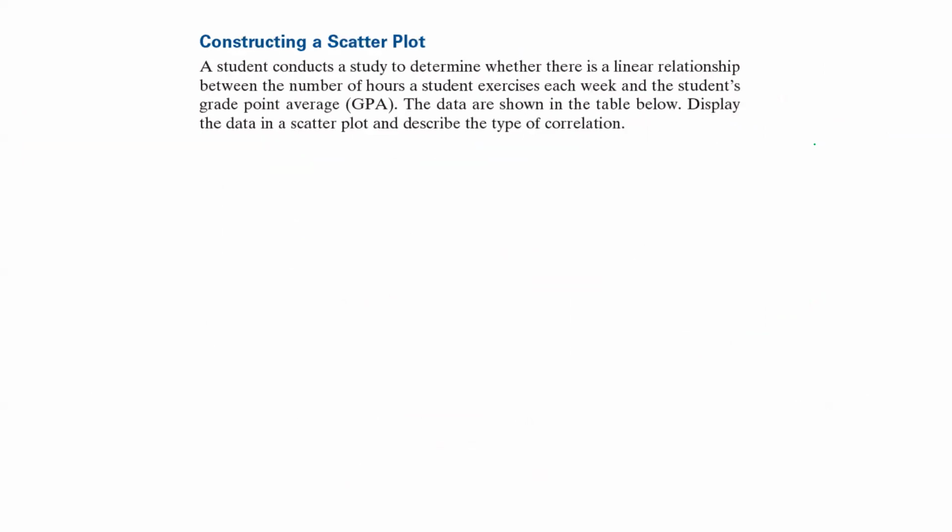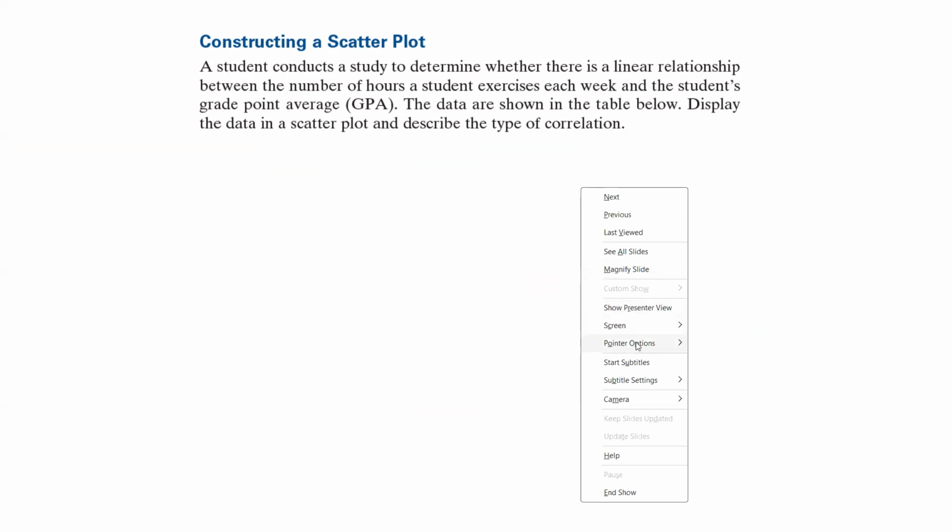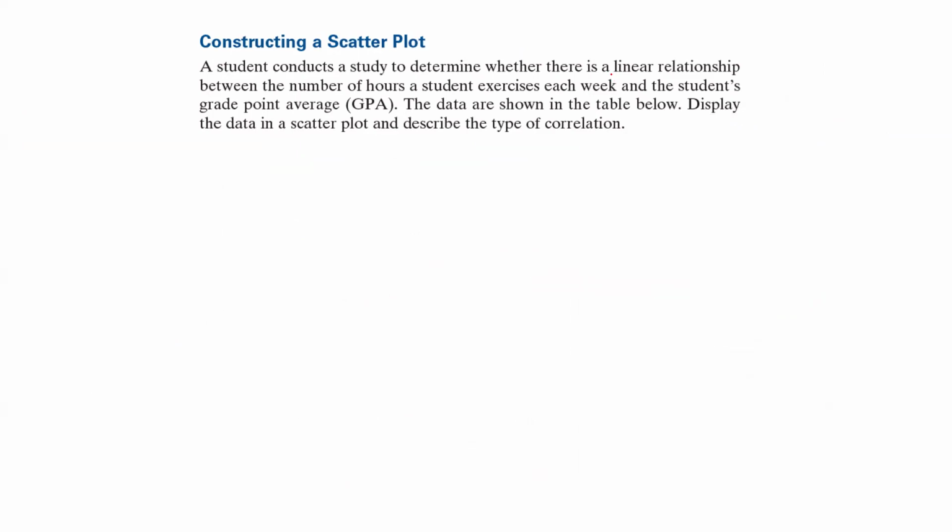Constructing a scatter plot: a student conducts a study to determine if there is a linear relation between the number of hours a student exercises each week and the student's GPA. That's an interesting question. Is there any linear relation here?